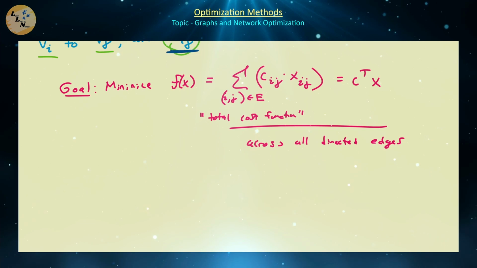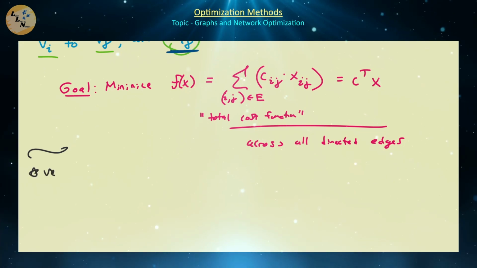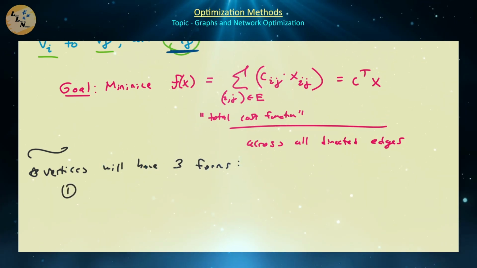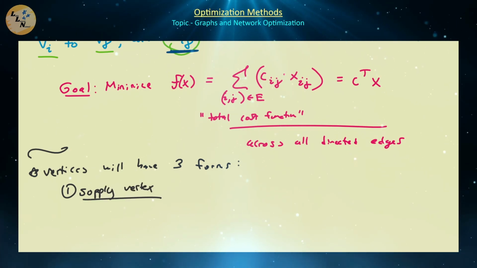All right. Now let's define the vertices in our particular graphs. Vertices will have three forms. The first form that they could be is a supply vertex.